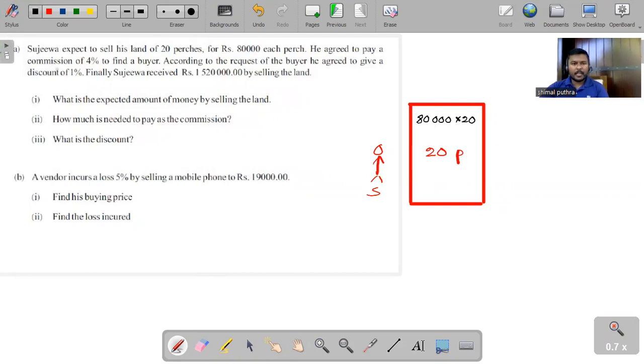He agreed to pay a commission of 4% to find a buyer. This is Sujeeva, and he agreed to pay 4% to the broker. This is the broker, and the commission is 4%. What is his duty?